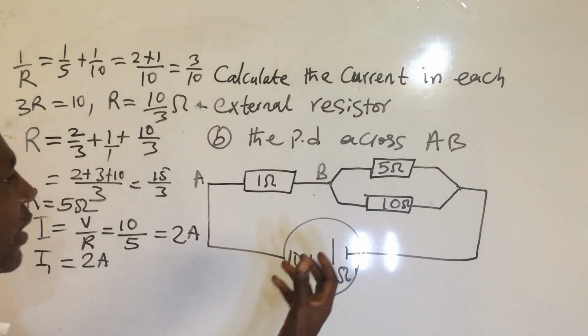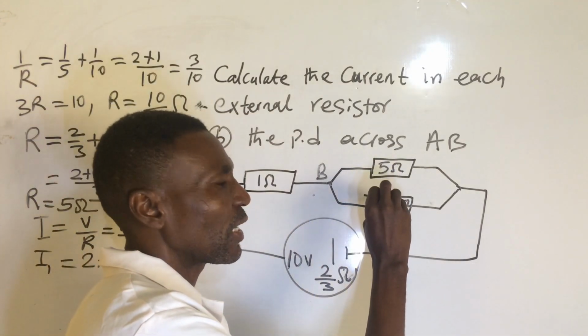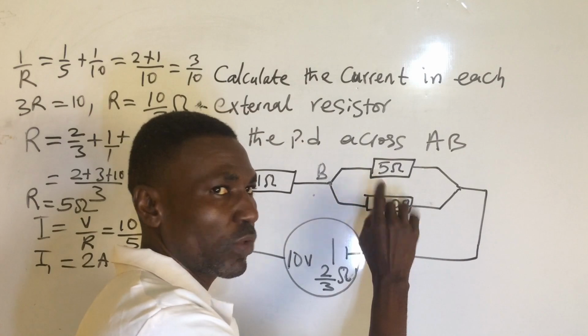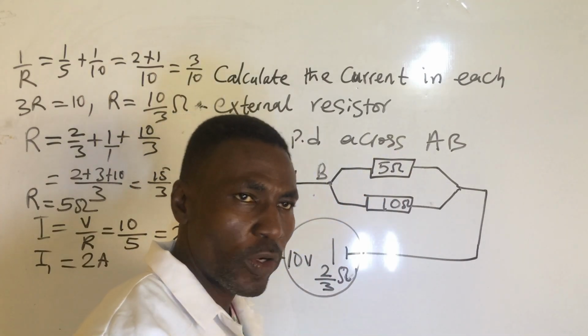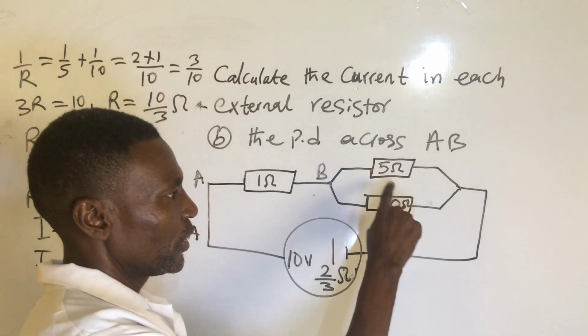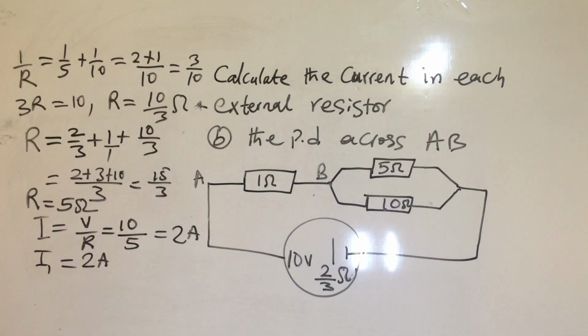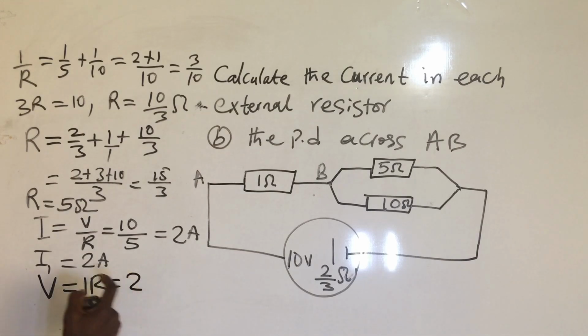But before then, we will calculate the voltage across the two of them. We will calculate the voltage across this one and this one first before we can know the individual current that passes through them. Now let's calculate the voltage across this 5 and 10. The voltage across them, V, will be IR, which is current times resistance.